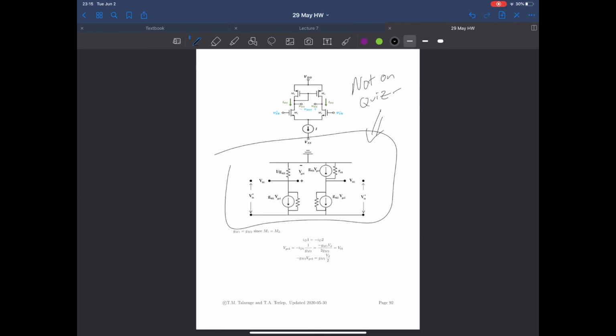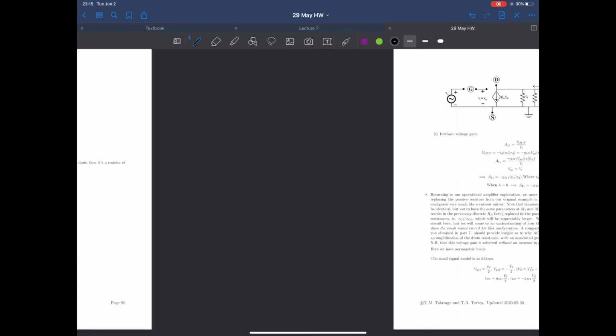Probably quite a bit tougher, but it'll be a chance for you to show what you know, not so much to try to stump the chump. Okay, this is not going to be a quiz, so don't freak out like, oh man, I don't know where to put everything. So yeah.